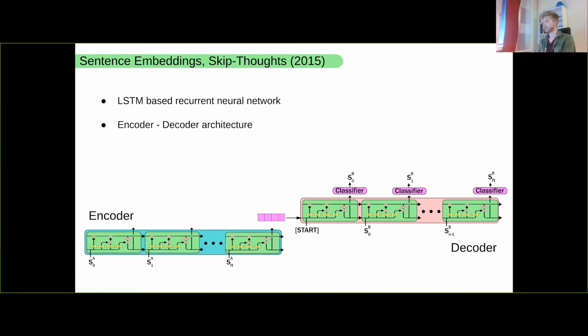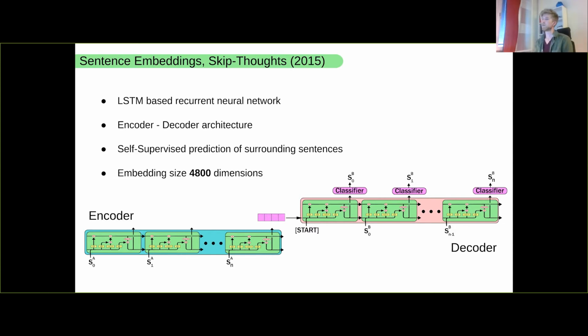The encoder and the decoder both consist of LSTMs, where we take the first word, put it through, then take the second word, put it in, and so on until the whole sentence is in. And what comes out of the encoder is what we call the sentence representation.